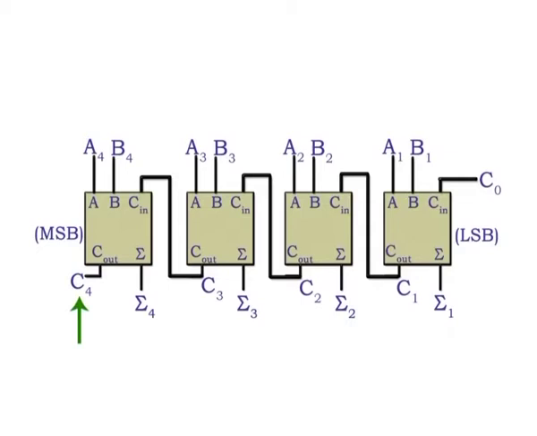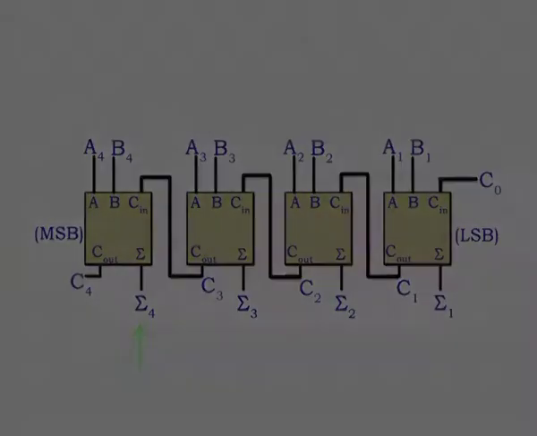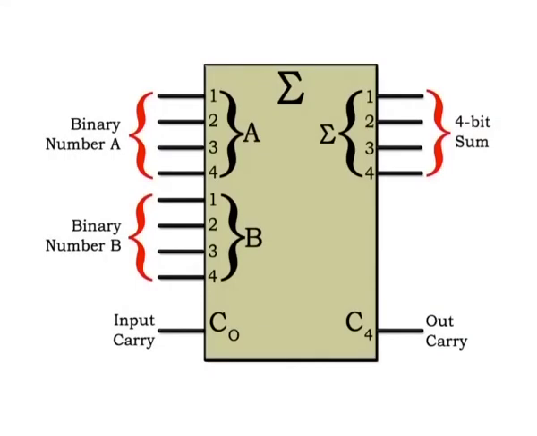C4 in the case of 4 bits is the output carry of the most significant bit adder, and sigma 1 through sigma 4 are the sum outputs. The logic symbol for 4-bit parallel adder is shown in figure.